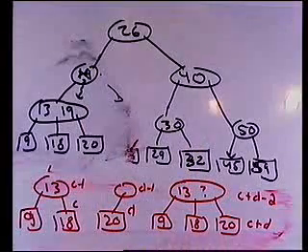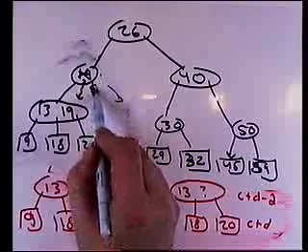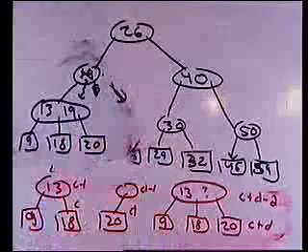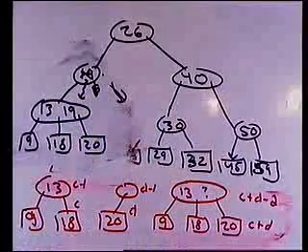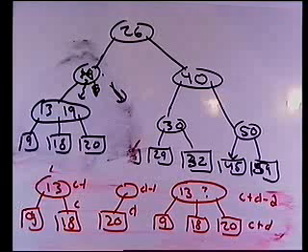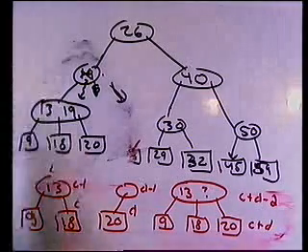But the parent maybe formerly had 3 children and 2 indices. Now with the combining and the losing of an index, it might have 2 children and 1 index left over, and that would be a no underflow. We don't have that, but we could have had that, where the parent had originally 3 children and 2 indices. Now it would have 2 children and 1 index, and so there would be a no underflow. We'd have case 3 on this level, but case 1 up here, and we'd stop.